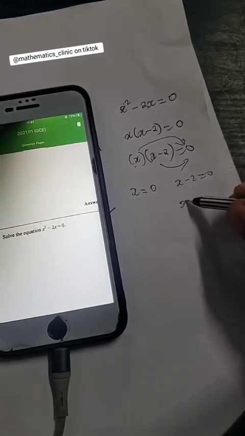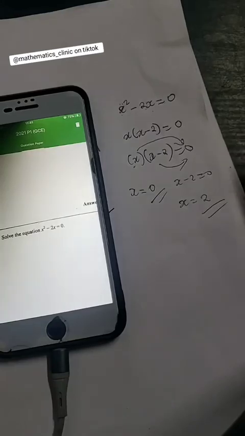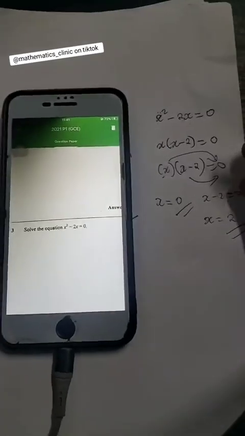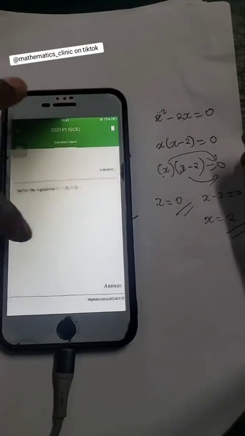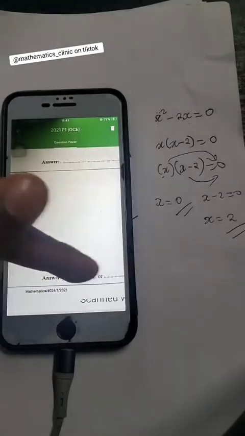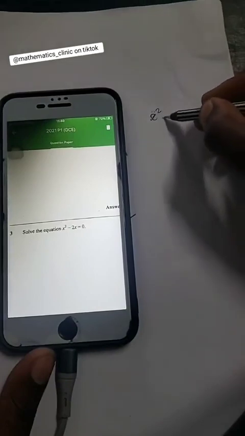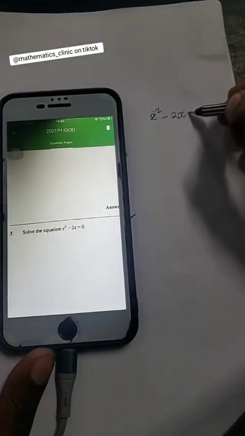So x is equal to positive 2. These are the two values of x. And in paper 1, they always give that provision to show you that you need to find the two values. So you can start with 2 or 0, or 0 or 2.